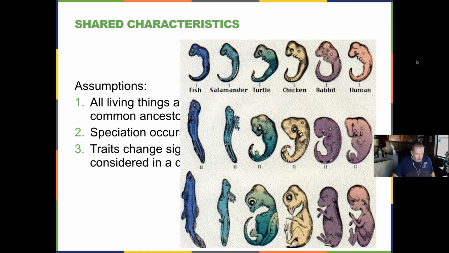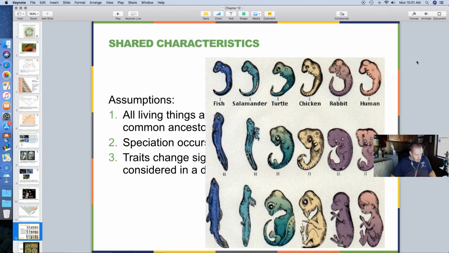If we look at a number of living things, a member of fish, an amphibian, a reptile, a bird, a mammal, and then also us, we can look early enough in the developmental process after the egg is fertilized and the embryo starts differentiating. At some point early on in all of these different living things, we see some similar characteristics.